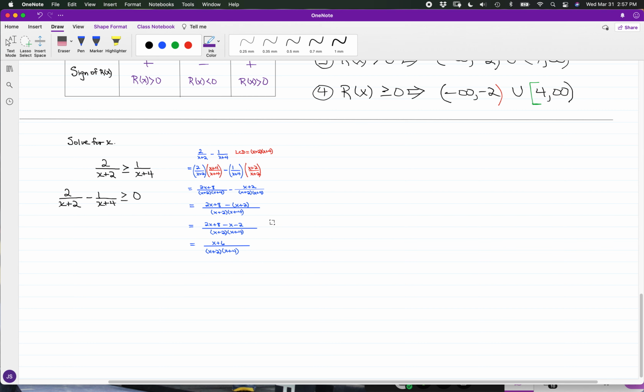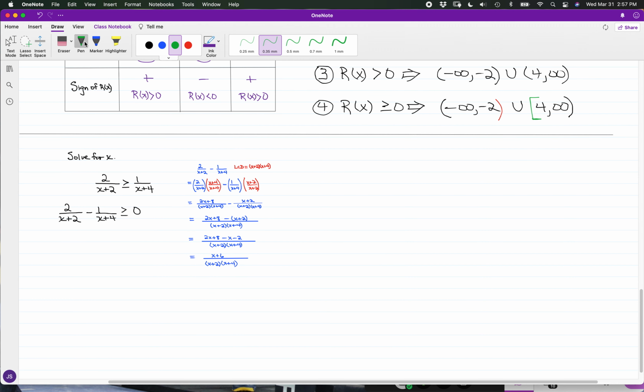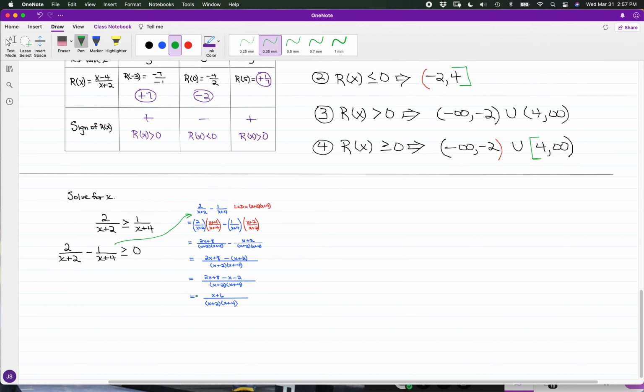Let's do a little bit of squeeze play here. For this difference of fractions, this is going to translate out to the consolidated statement.